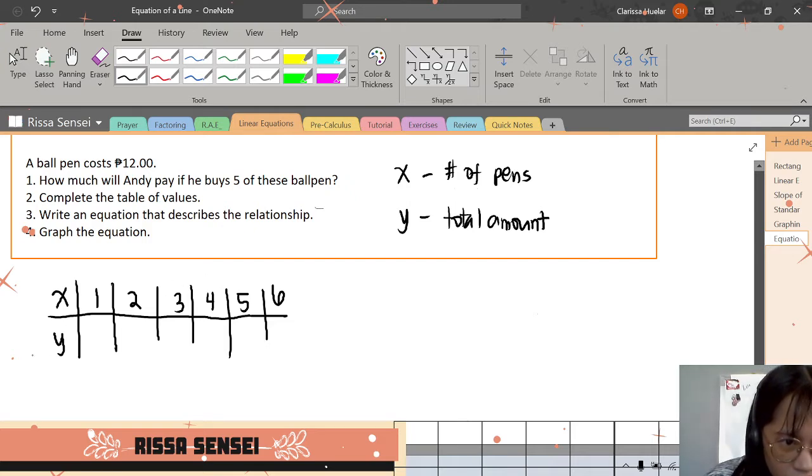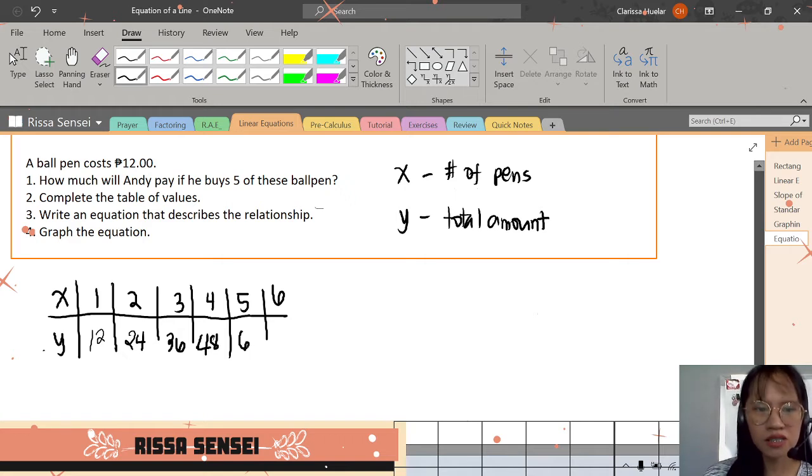So, this is 12, kasi if one pen, ang halaga niya 12 pesos. Kapag dalawa, magkano na? So, that's 24 pesos. Kapag tatlo, so that's 36. Pag apat, that's 48. Pag lima, that's 60. Pag 6, 72. Okay. So, we already completed the table of values.